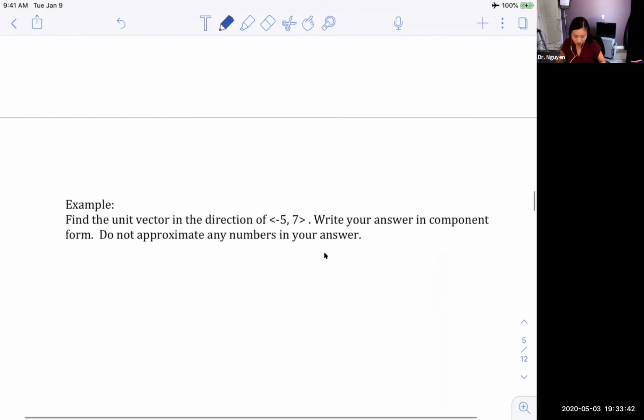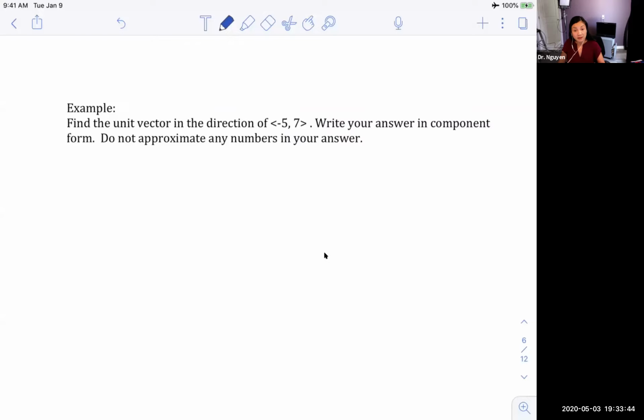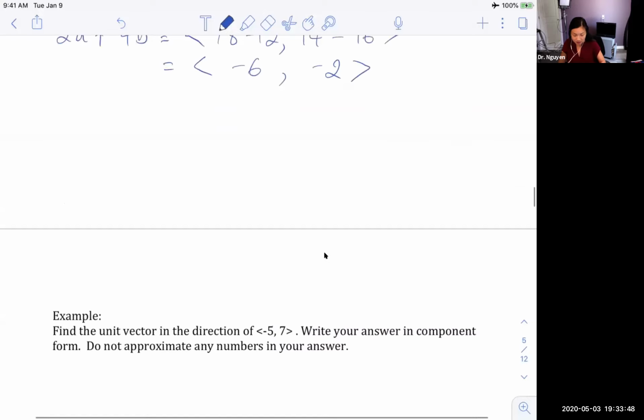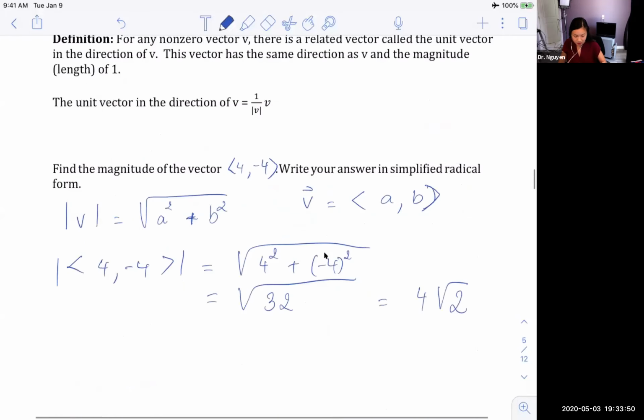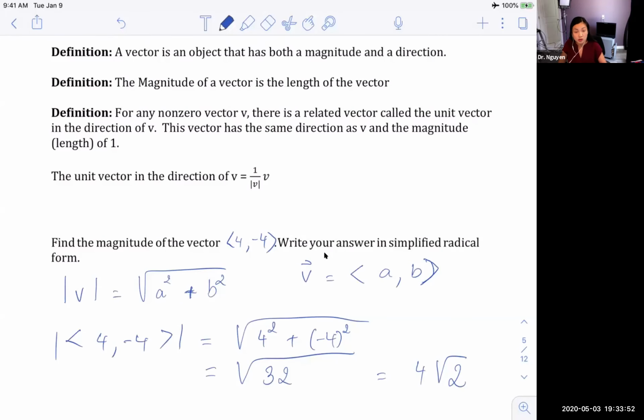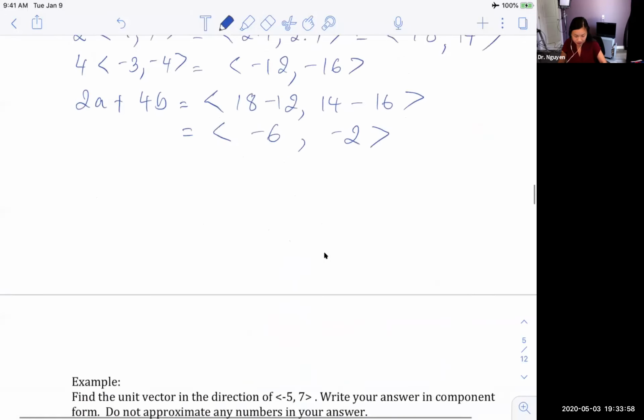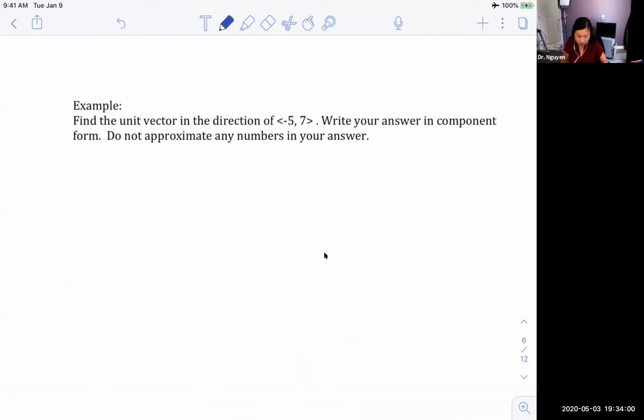So I want to find a unit vector. Now, let's just go back to the definition. The definition is right there. It's 1 over the magnitude of v multiplied by v itself. So I'm just going to copy it.